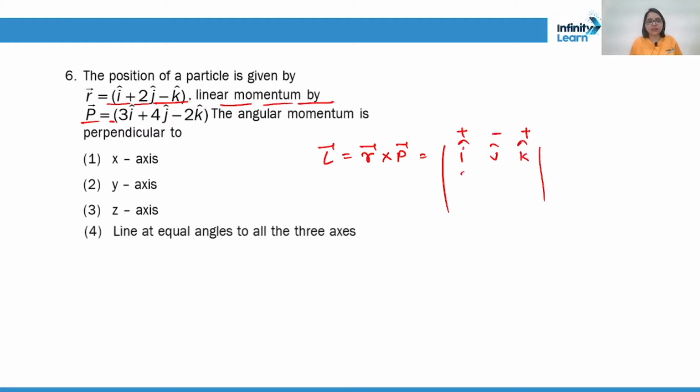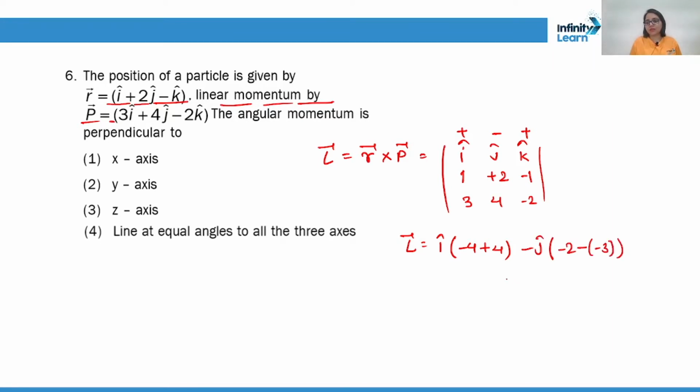For r vector it will be 1, 2, minus 1 and for p vector it is 3, 4, minus 2. So r cross p will be L vector, which is plus i cap of minus 4 plus 4.